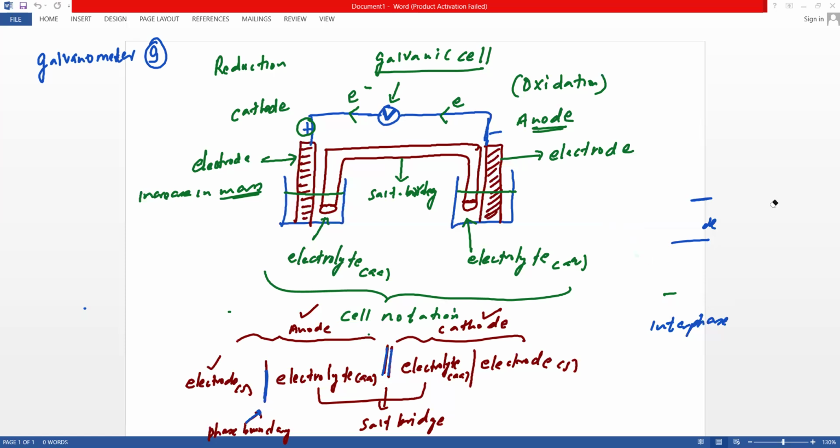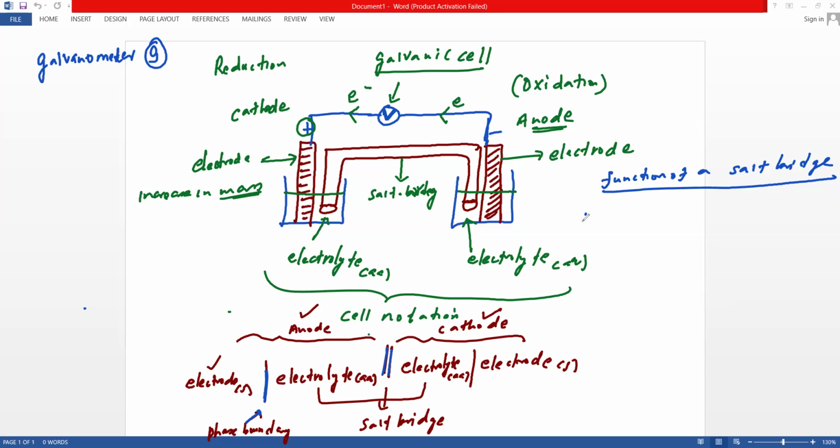Let's talk about them. One must be able to know the functions of a salt bridge. Number one, the salt bridge completes the circuit.